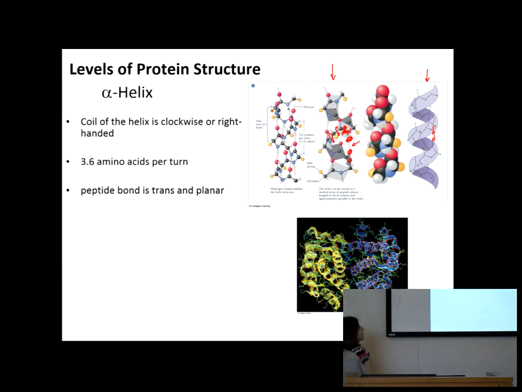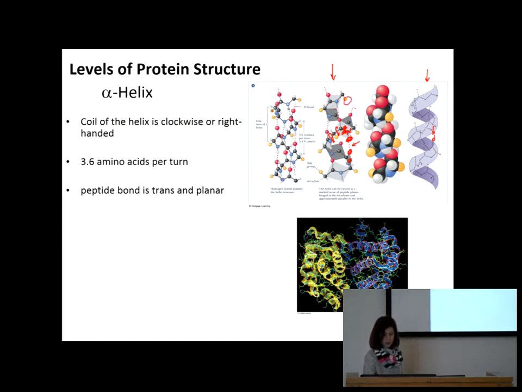Now, a couple very interesting things happen as a result of this alpha helix and beta sheets. We'll talk about beta sheet next. They're showing the R groups as the yellow groups up here. So take a look at that one up there, where I have the first arrow.